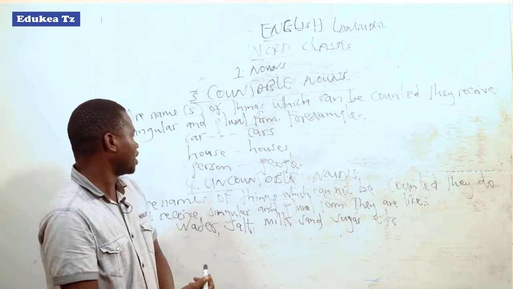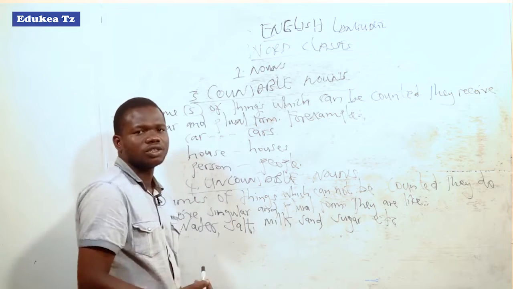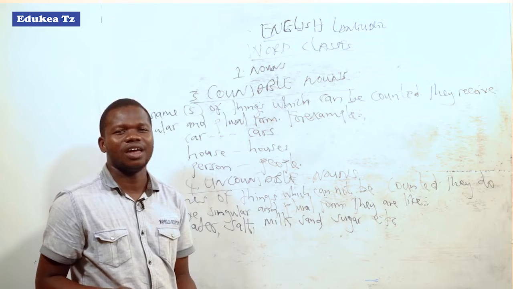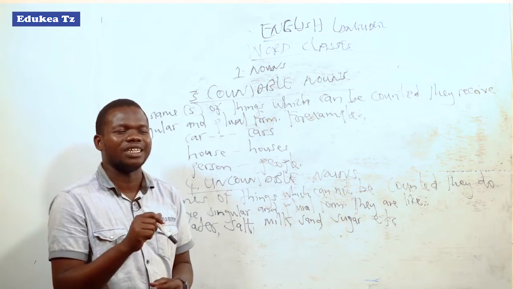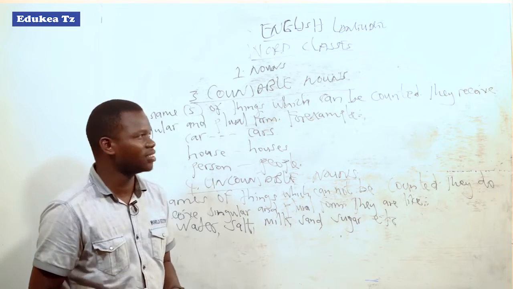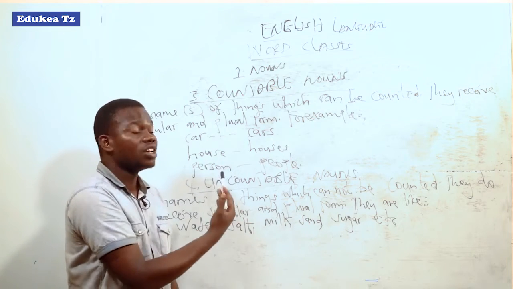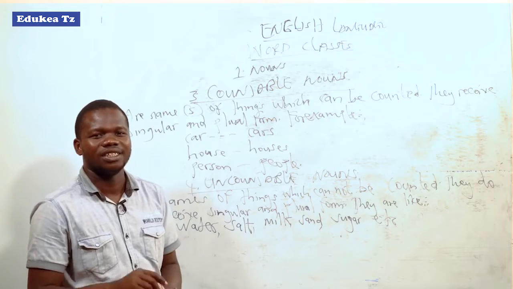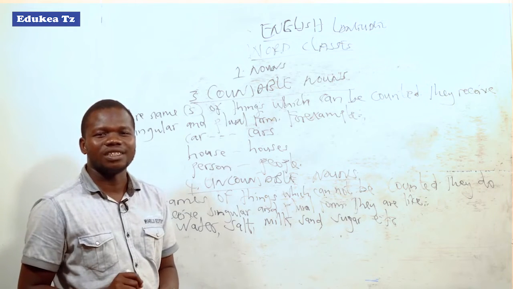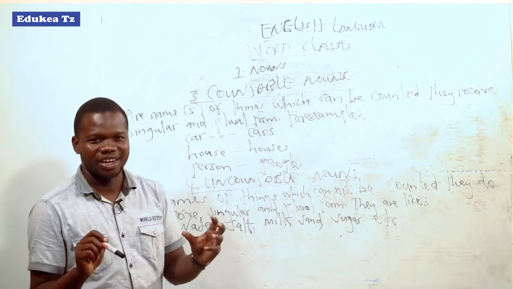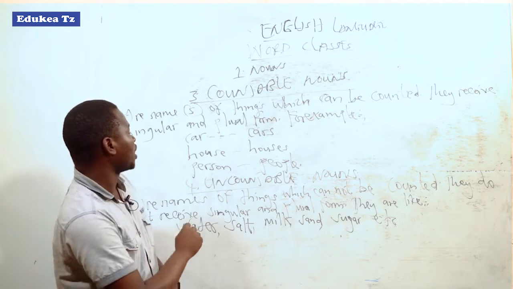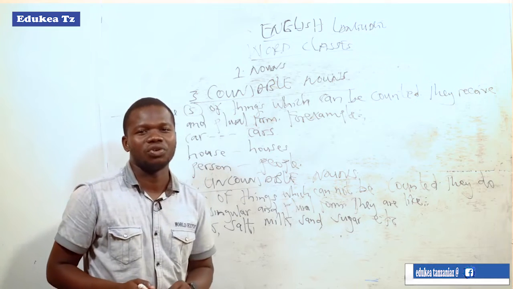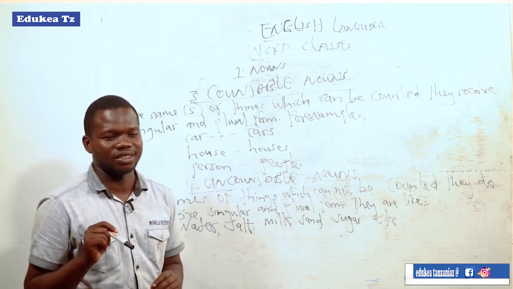Again, we have another example like house. Once you say a house, everyone will know that it is one, since these are countable nouns. The word house itself expresses that this object is in oneness, in singular. This house can receive s to form the plural, then we get houses.